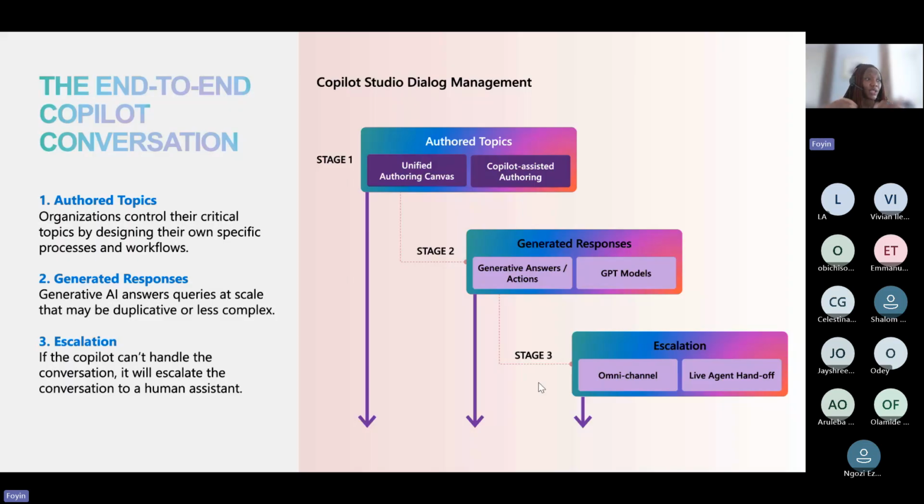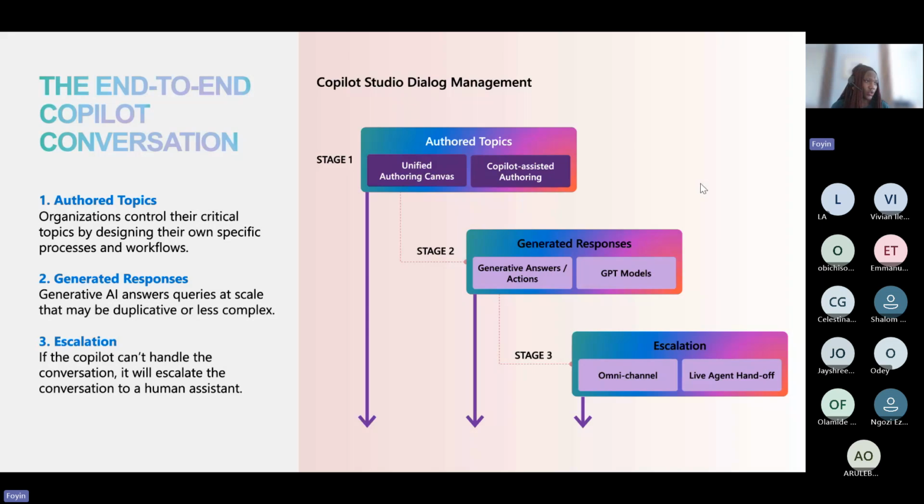So you create these topics, and those topics you can either originate on your own or use Copilot to assist you. So for example, somebody wants leave application, leave policy, all of that will be different topics. So you can do that.